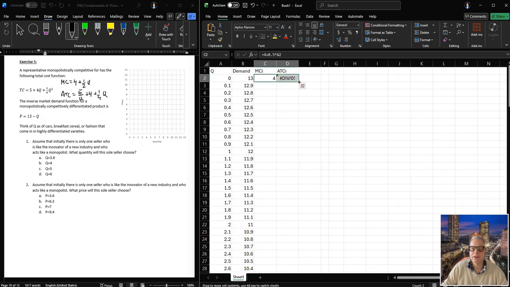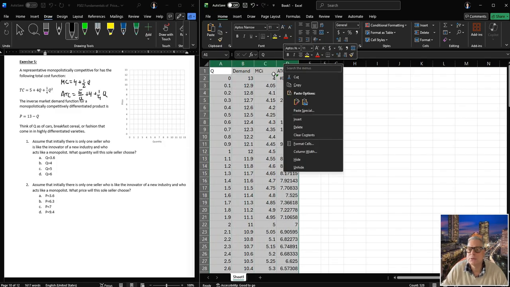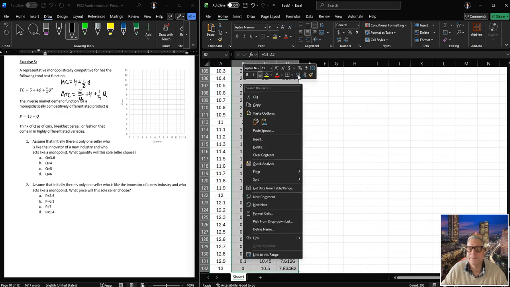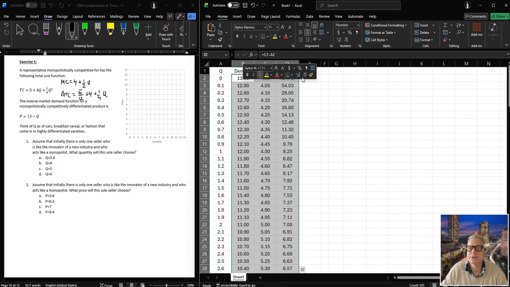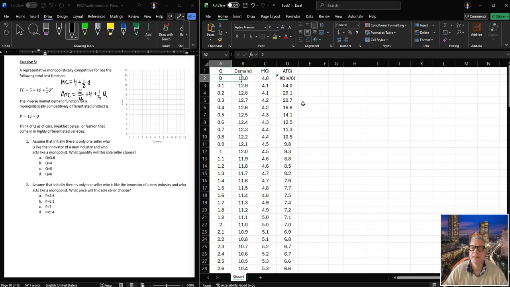But we can nevertheless copy down this formula, and let's put everything centered, and we don't really need that many decimals, so let's limit it to 1. Well, now it looks a little bit nicer. Whenever it says divide by 0, we typically replace it by the number is not available.